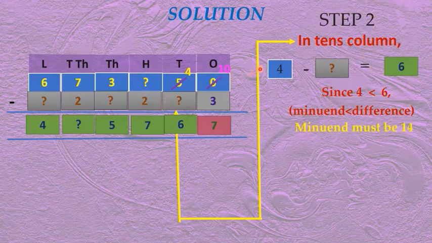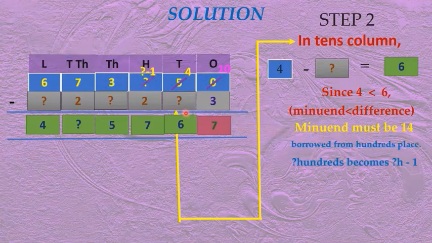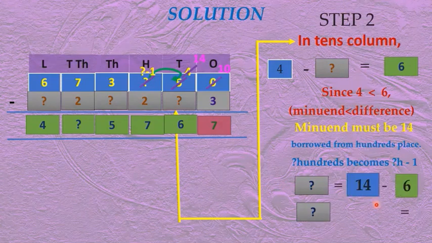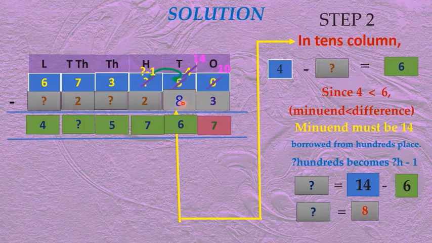So we have to borrow. 4 must be 14. So we have to borrow from the question mark. Already from the question mark we are borrowing, which means minus 1. From there we are borrowing 1, which means minus 1 there. And here 4 becomes 14. Now 14 minus 6 is equal to 8. So 8 will occupy the tens place.